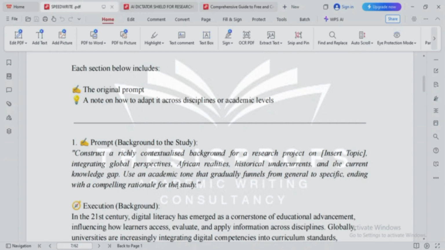Now you need to understand what is required for your background to the study. Now, these global perspectives, African realities, historical undercurrents could be for this research perspective or this research direction. But you must understand what is needed for your background to the study. Do you understand? So construct richly. Now you have done this already.